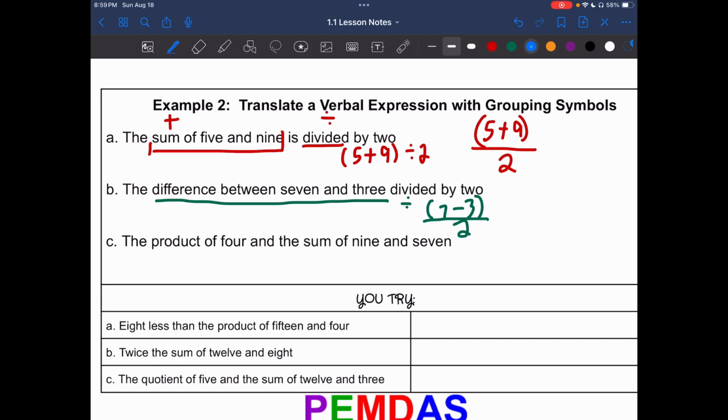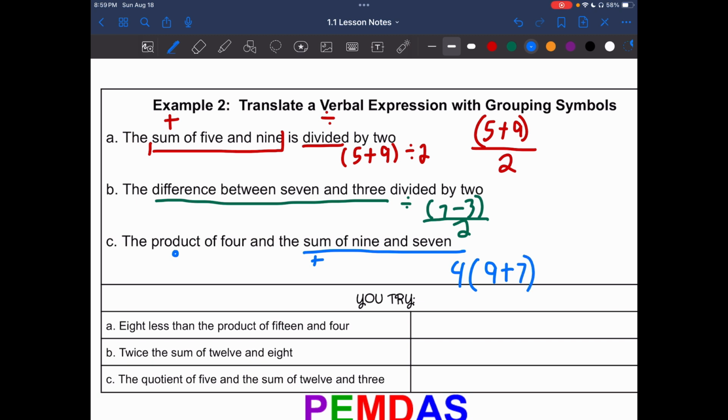Okay. So our last example of this one, we have the product of 4 and the sum of 9 and 7. So sum tells us we have addition again. So we have 4 parentheses 9 plus 7.